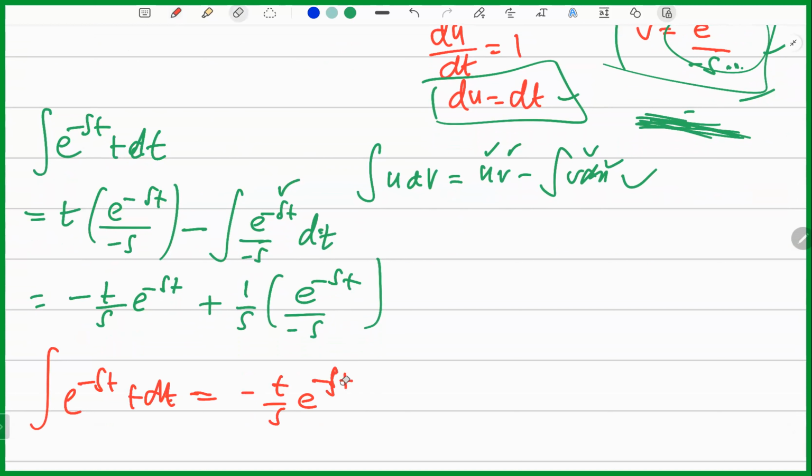minus 1 over s squared, e to the minus st. Okay, not tidy writing.